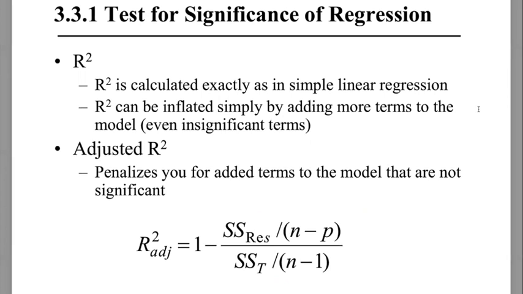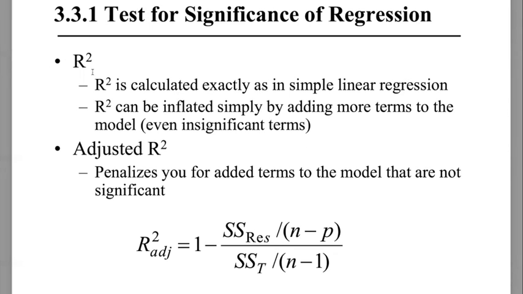Okay, in addition to performing tests of the overall significance of the model, it's often good to get a feel for what proportion of the total variability in the response is accounted for by your regression model. And that proportion is provided by what is called the coefficient of determination, which is denoted R squared.